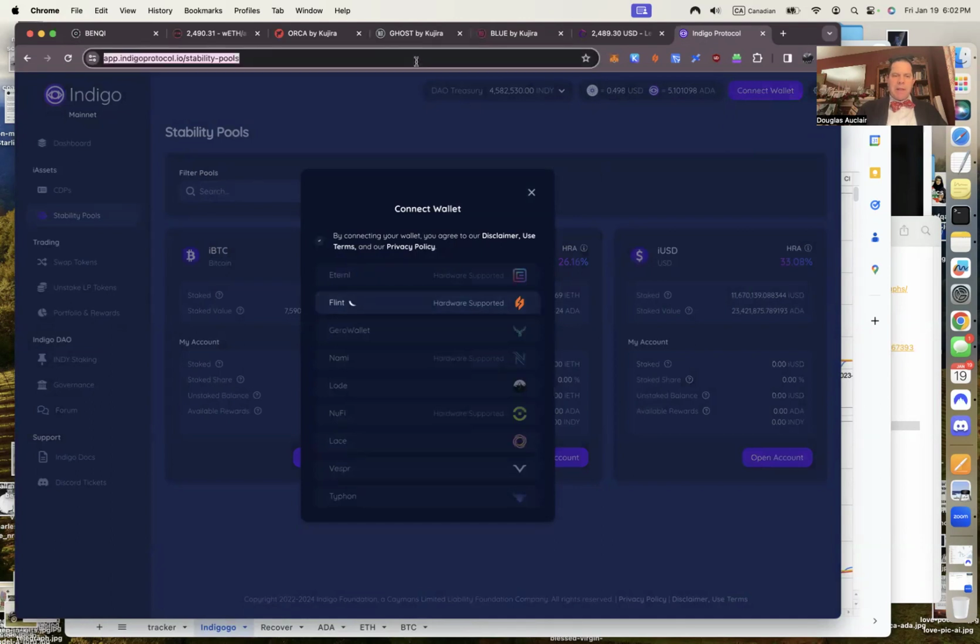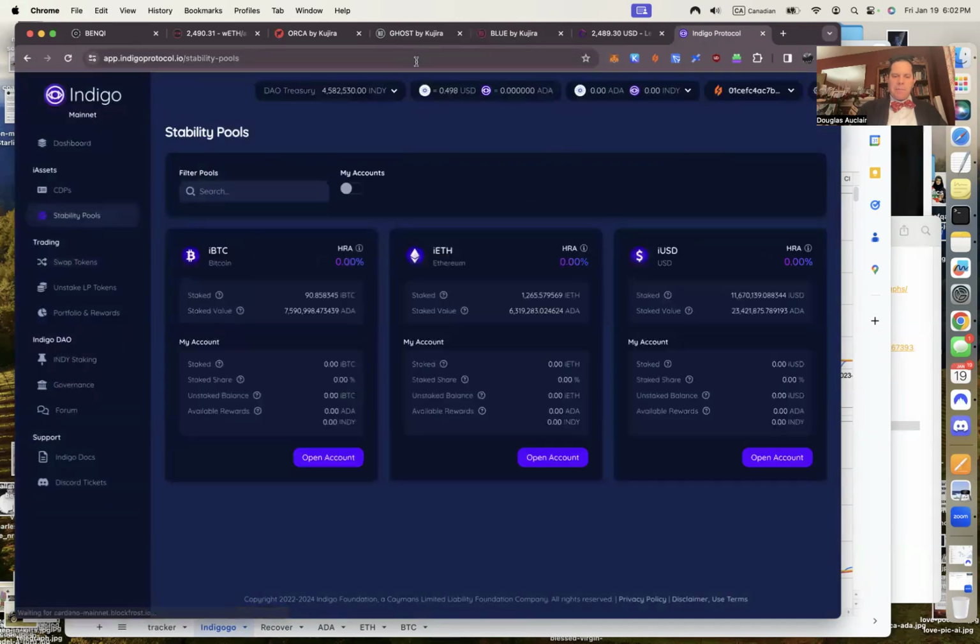And the blockchain's being a little bit spicy with me right now. Here we go. So it's showing me that I have staked 0.01 Bitcoin and 0.7 Ethereum.